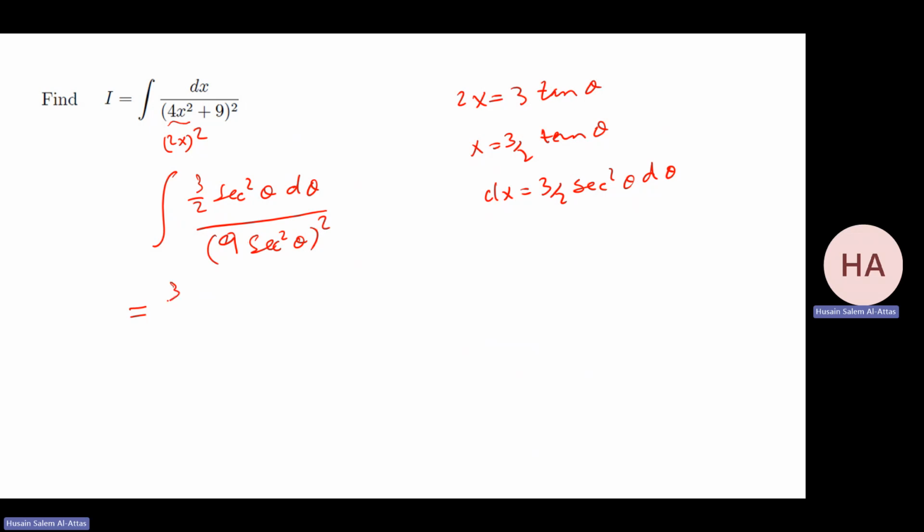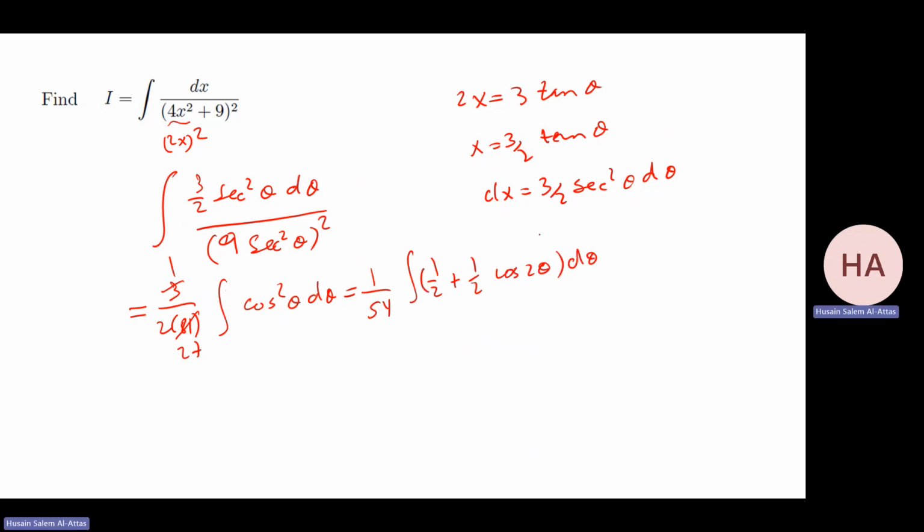Take it out. That will be 3/2 times 81 integral of 1 over secant squared, cosine squared theta d theta, which is 1. This is 27. Okay, so it's 1/54 times integral of half plus half cosine 2 theta d theta.